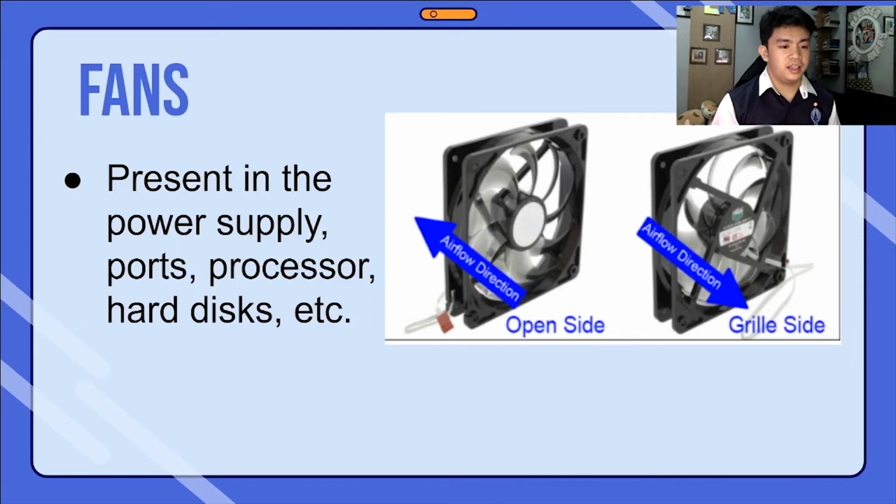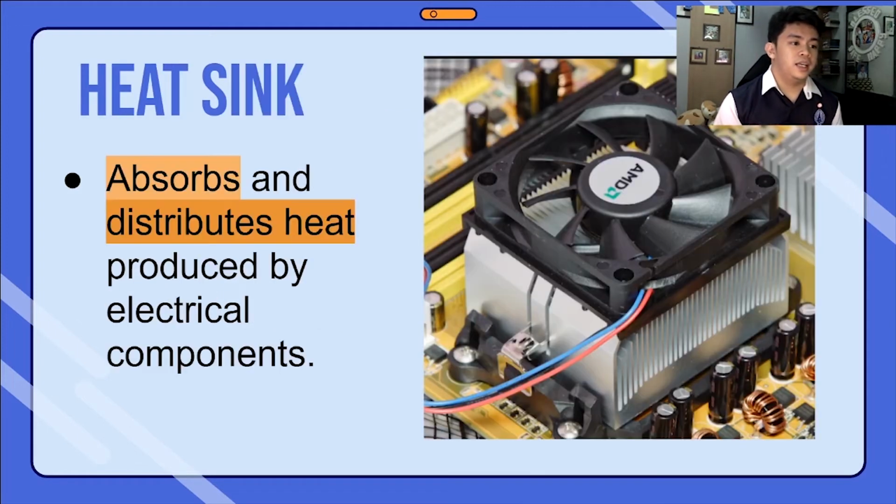So ibig sabihin, kapag hindi natin to nalagyan ng fan or kapag hindi naalis yung heat, obviously mag-overheat to and hindi na siya mag-function. Next ay ang heatsink na nabanggit ko na kanina, which absorbs and distributes heat produced by electrical components.